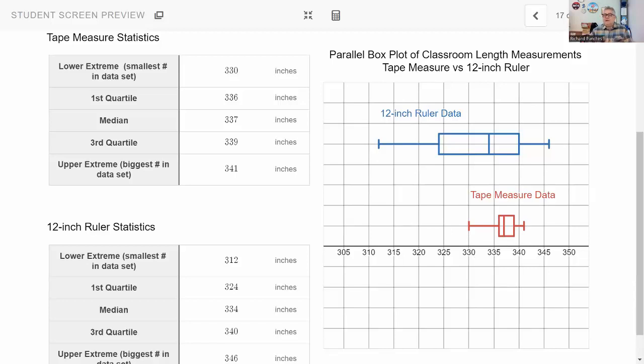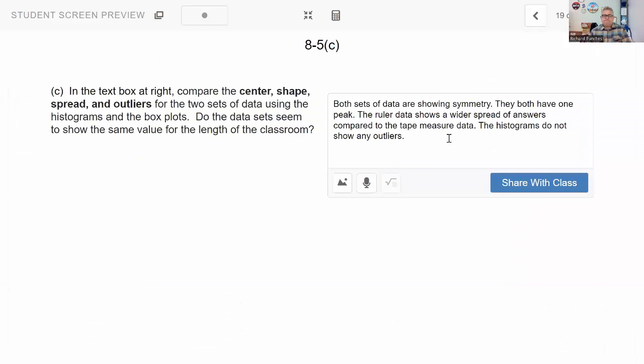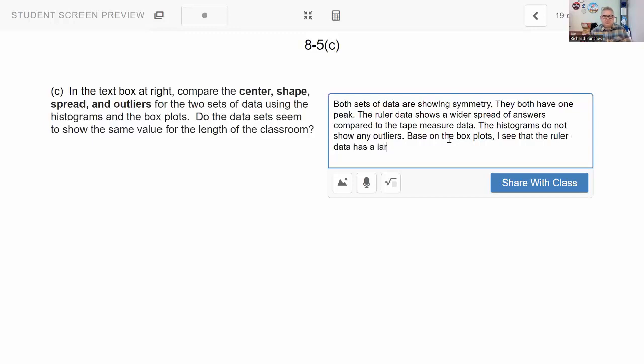So we might go back here and say, based on the box plots, comma, I see that the ruler data has a larger spread than the tape measure data.